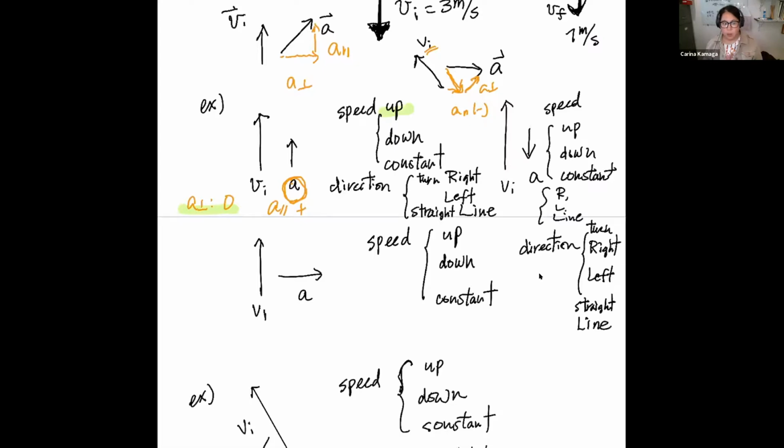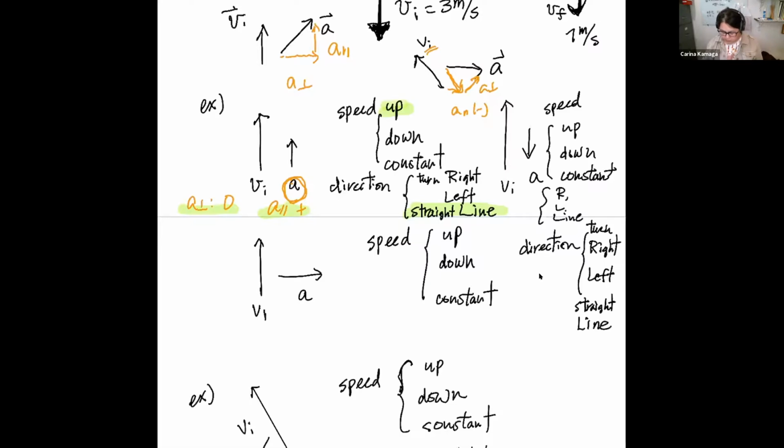There's no perpendicular component, so it's going to just move in a straight line. It doesn't turn. It's either there to speed up or slow down. And A parallel describes the change in speed. In this case, it's positive, so it's speeding up.